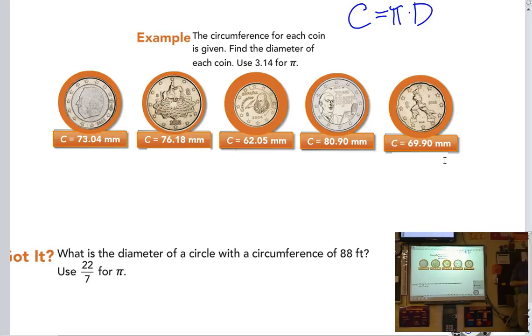Do like C. What would I need to get rid of to get d by itself? You have to get rid of the pi. The pi, right? That's what's attached to it. How's it attached? Pi is basically 3.14, and it's the distance of this.